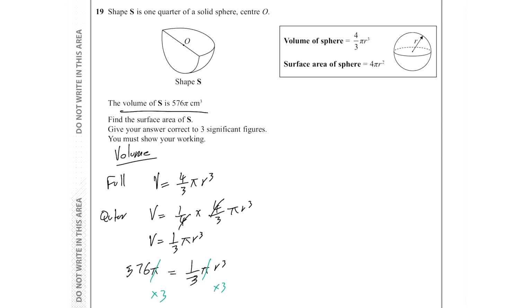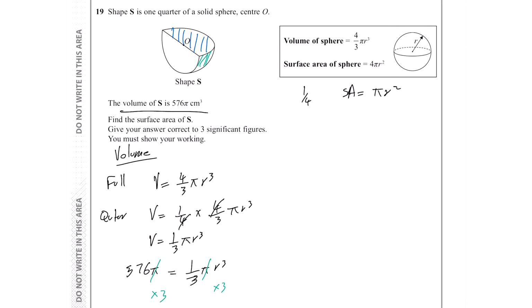So again, with the surface area, it's the same thing. This surface area is for the full sphere. I only have a quarter, so for a quarter, the surface area is going to be pi r squared, because you can times that by a quarter. And that surface area is only for the curved bit, which is this out here.